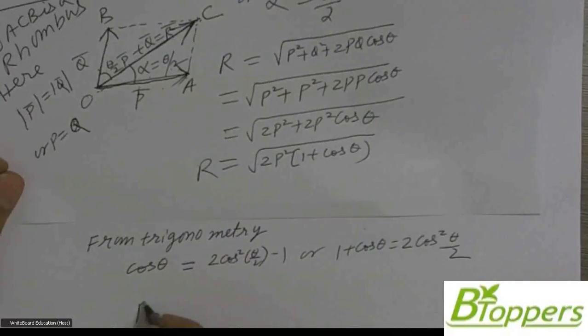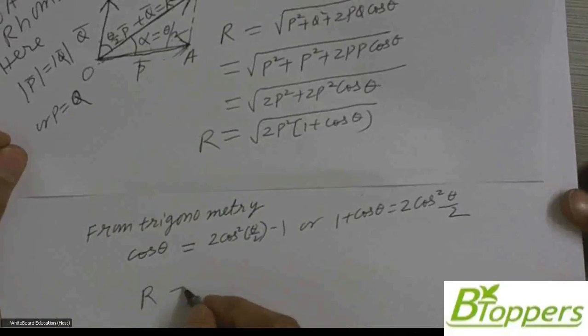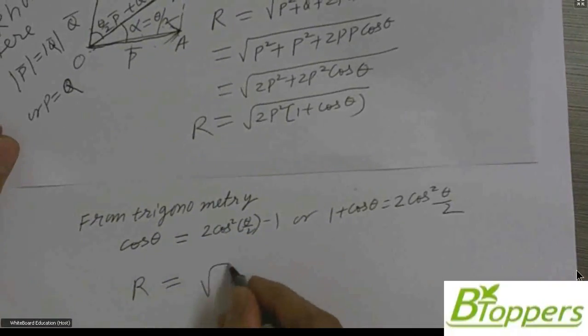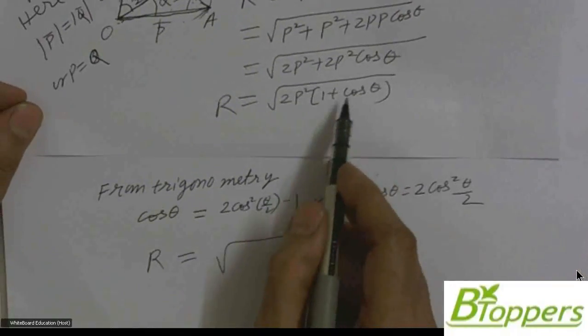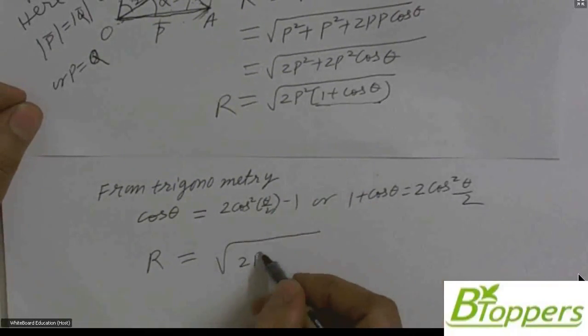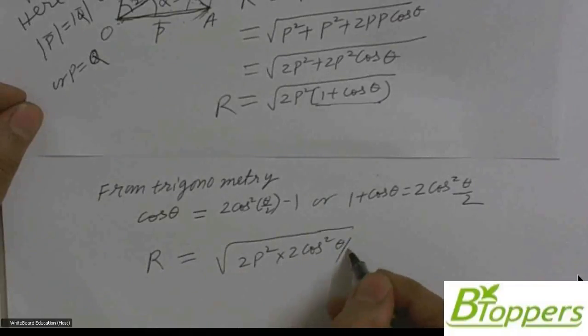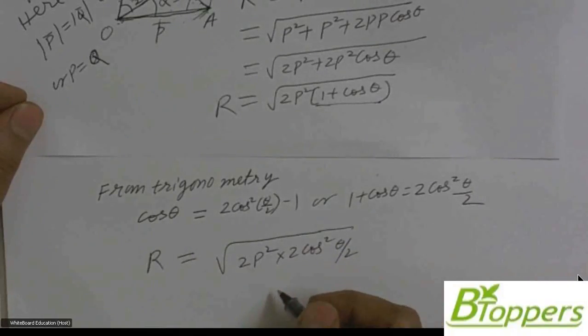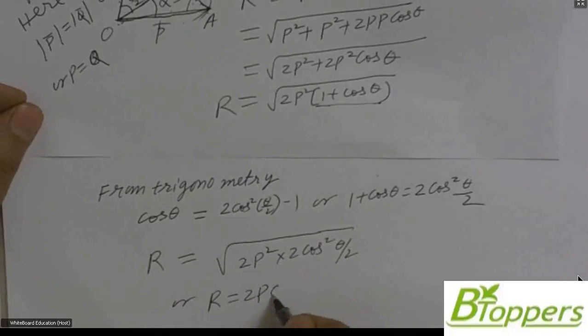Therefore we can write r equal to root of, substituting 1 plus cos theta in this step, 2p square into 2 cos square theta by 2. So you get r equal to 2p cos theta by 2.